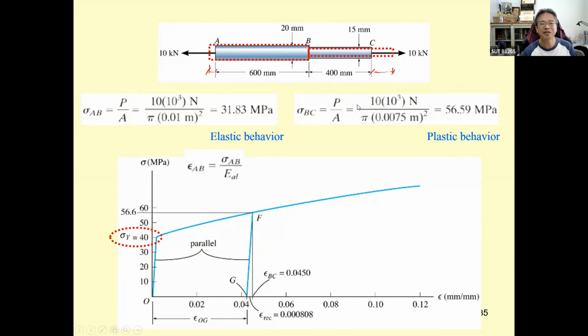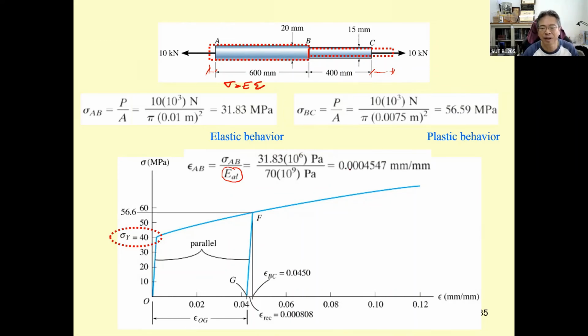So, epsilon sub AB, based on sigma equal to E epsilon, equals sigma sub AB divided by E, which is given as 70 gigapascal. You just plug the values in and compute it.